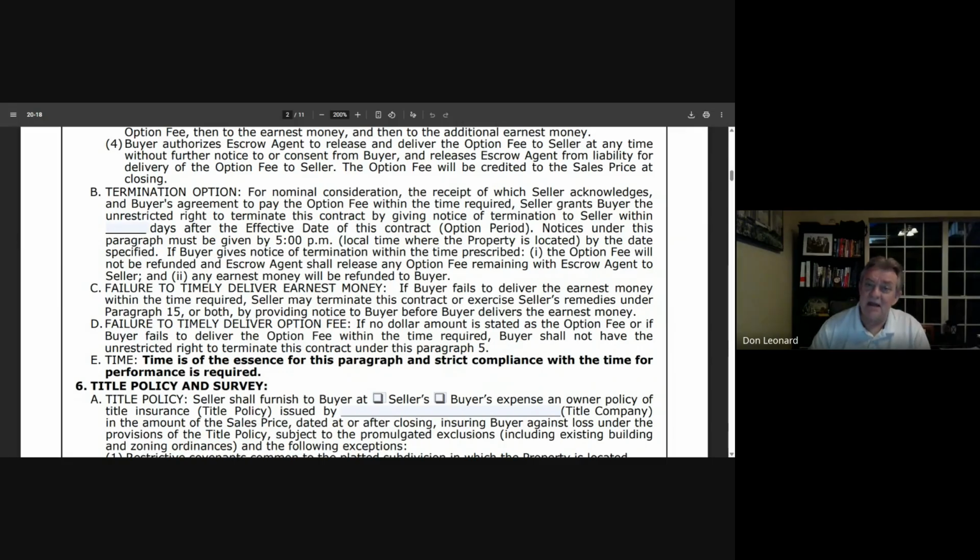And if you don't pay the option fee, what you're losing is the right to walk away. So if you don't pay any money at all, what you're creating is a worst case scenario for yourself where you're under contract to buy this house and you don't have any rights to walk away. You're locked into purchasing this home. That's what it says. And you can only advise them as to what could happen.